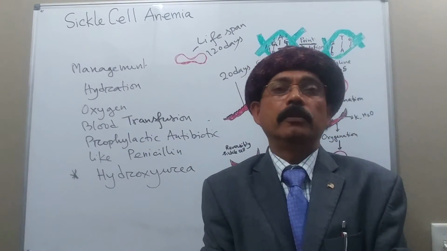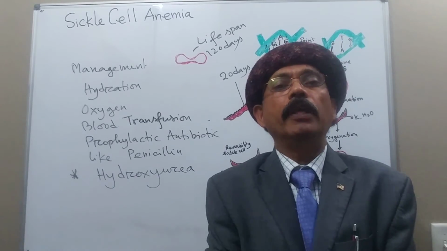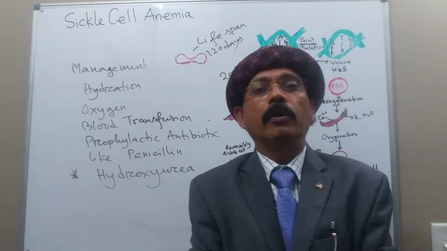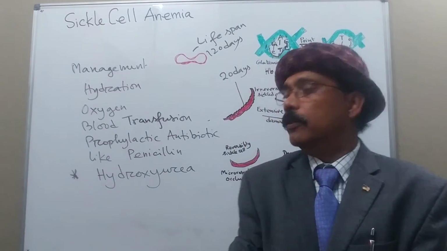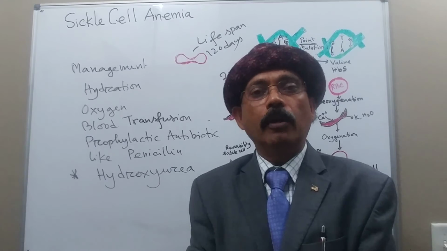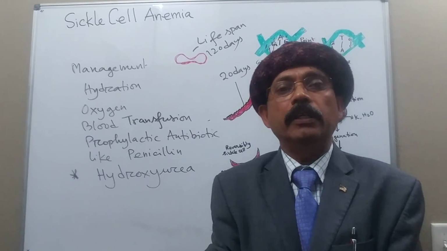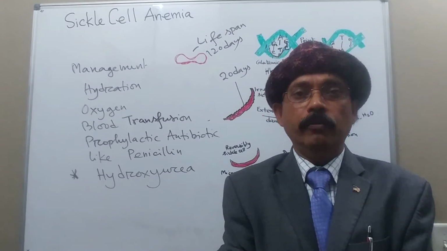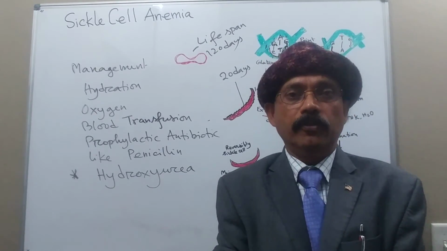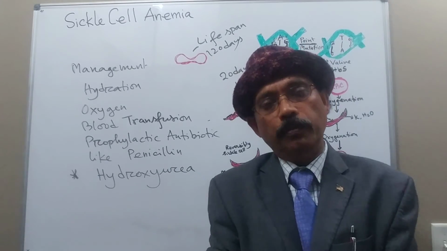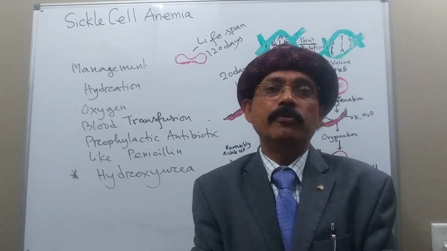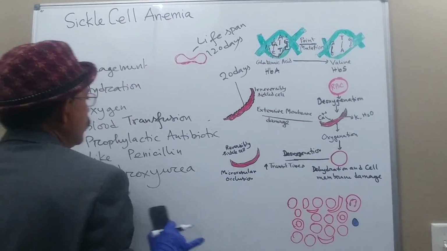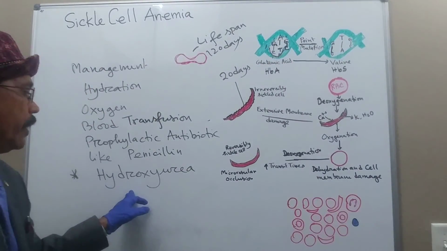Hydroxyurea increases the level of hemoglobin F, or fetal hemoglobin. Usually in adults it is only 1%. If we can increase fetal hemoglobin, then the stickiness of the sickle cell will be decreased, sickling will be prevented, and inflammation will be decreased.